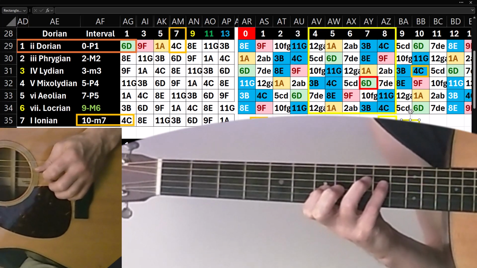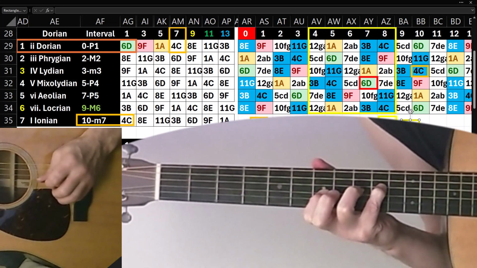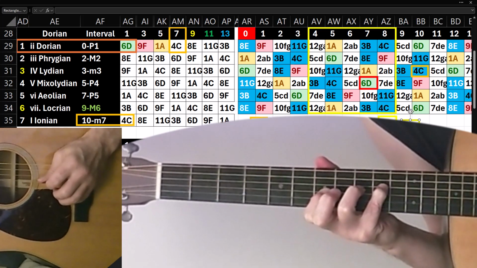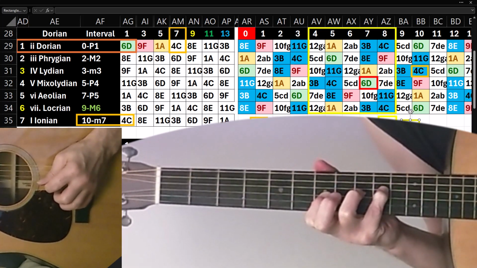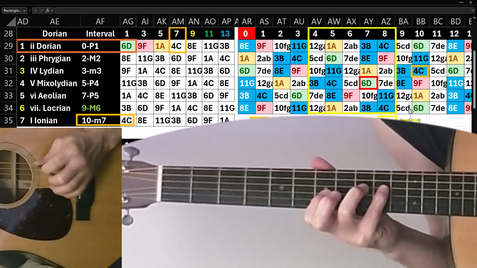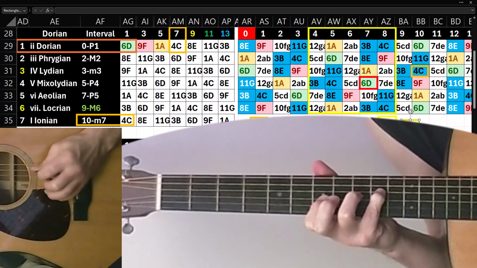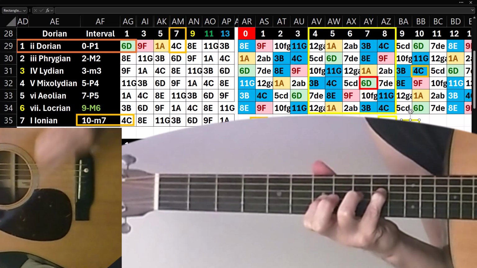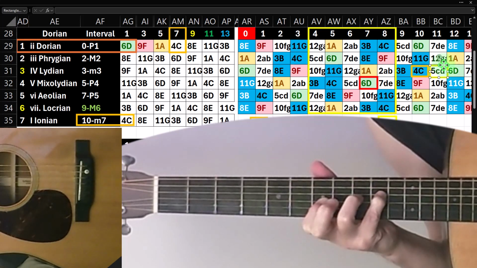So if I went from top to bottom, that would be a 2 note away, which would be a major second, remembering that the inverse of a minor is a major, and the inverse of a major is a minor. That means that if I go from the D to the C, it's going to be a 10 note away minor 7. The major 7, just for context purposes, would be over here.